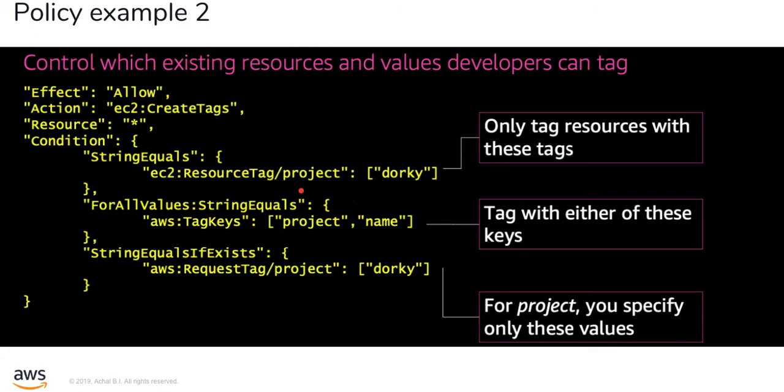Since he already has a resource, he could add a name tag to it. There is also another condition: if you are creating a new resource, then the project name has to be darky. So this is how you basically write policies to create tags and control users from creating different resources using tags.